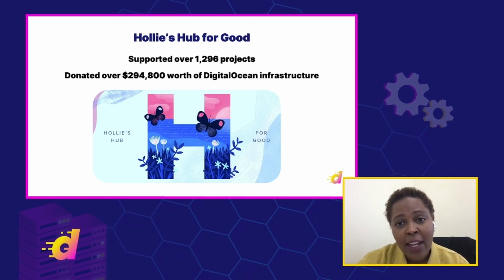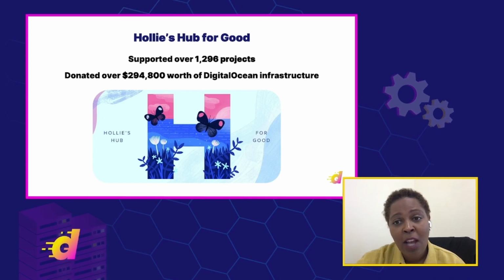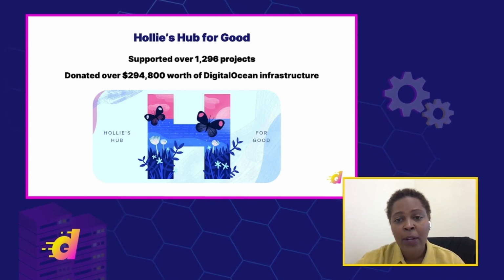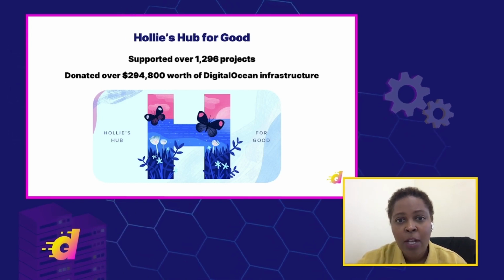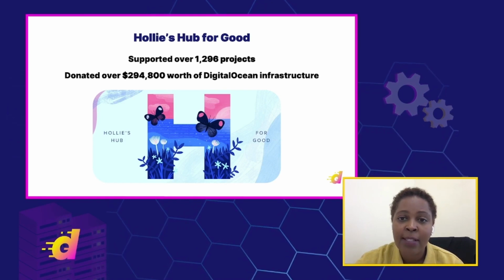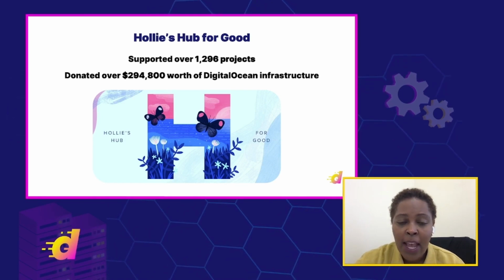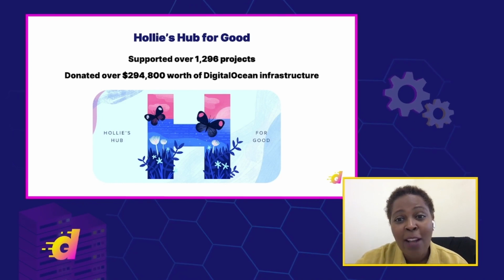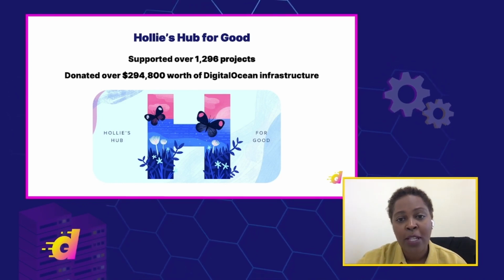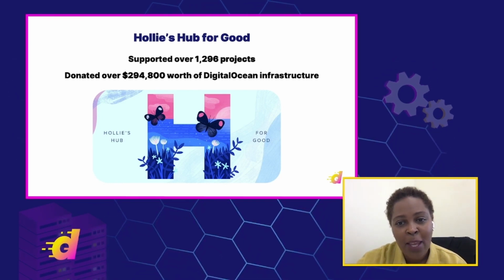In 2020, in response to the pandemic, we launched Holly's Hub for Good as a way to donate a portion of our infrastructure to organizations looking to make a difference in their communities. In early 2021, we announced our commitment to join the Pledge 1% movement as part of our IPO.